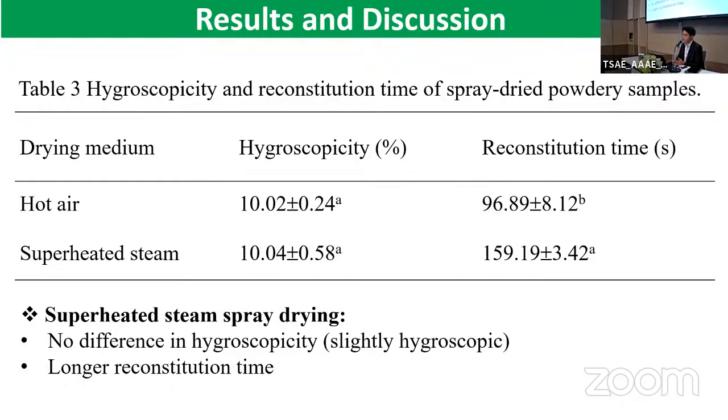Here is the result of hygroscopicity and reconstitution time of the spray-dried powder samples. We observe that there is no difference between the hygroscopicity of the spray-dried powders. They both were slightly hygroscopic.